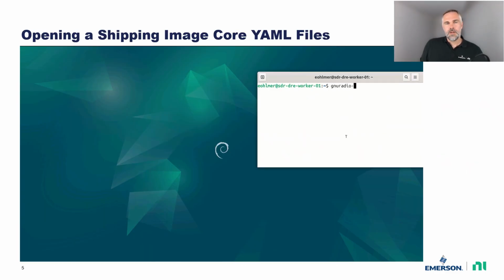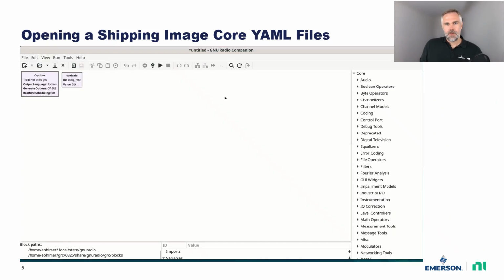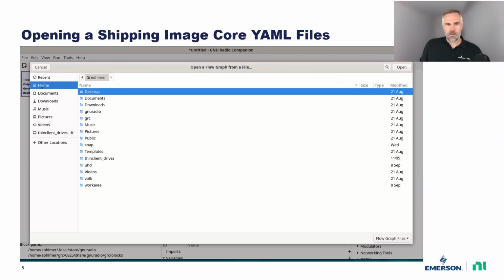So first of all, let's open GNU Radio Companion. Then we'll navigate to the standard FPGA designs for USRP that are installed with the tool.